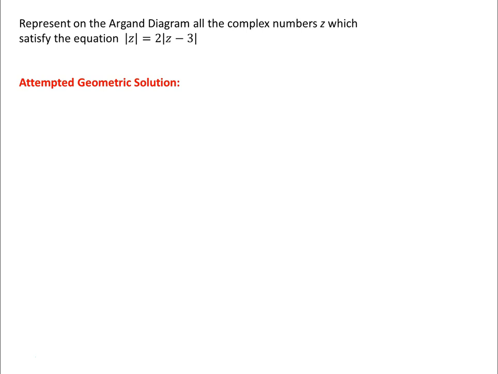So we've got to show on the Argand diagram all the complex numbers z which satisfy the equation the modulus of z is twice the modulus of z minus 3. Now if we try a geometric solution, the modulus of z means the distance of z from the origin, and that has got to equal twice the distance of z from 3.